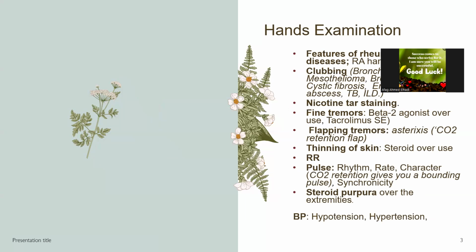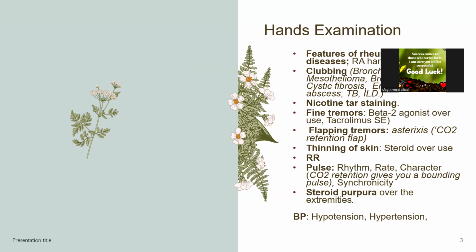If this patient has rheumatological disease such as rheumatoid arthritis, he has deformities in his fingers, like swan neck deformity, Z-shaped thumb, or ulnar deviations. Or if this patient has systemic sclerosis, features in the hands include arachnodactyly or tight thick skin.